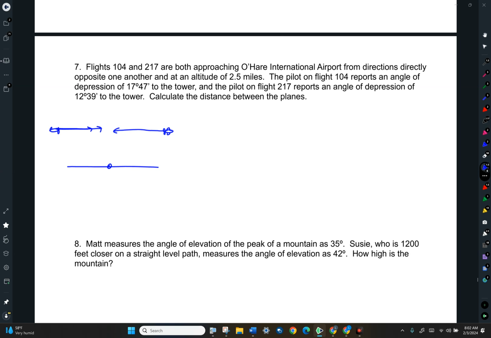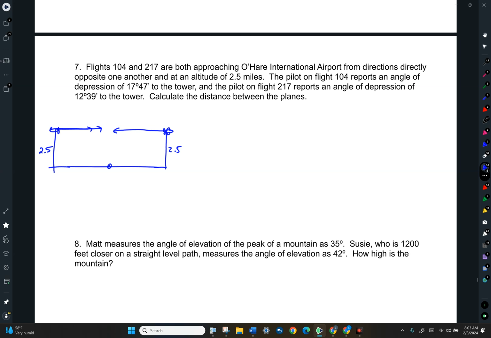Obviously, they're not heading straight down towards O'Hare. They're flying towards that airport, and they'll come down in a minute. They're both flying at an altitude of 2.5 miles, so this one is 2.5 miles in the air, and this one is 2.5 miles in the air.